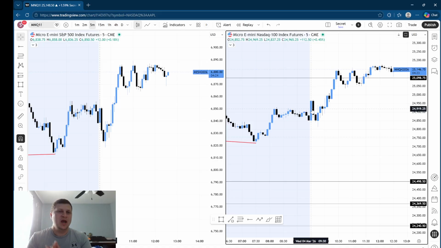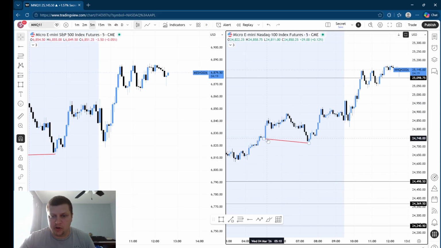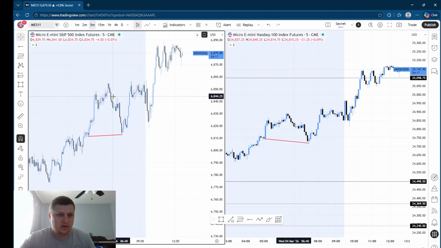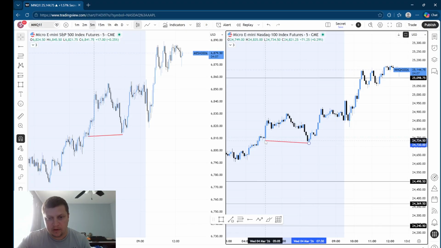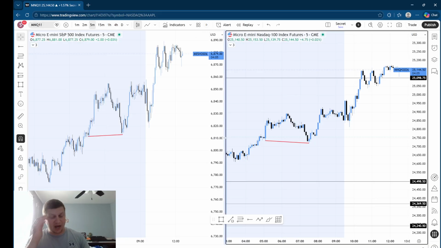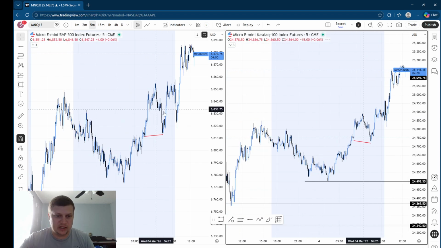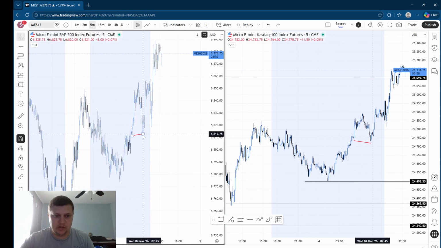So I'm looking for, have we already manipulated? And sure enough, right here, on this move down, ES failed to put in a new low, but the NASDAQ put in a new low. So we have a very slight, but still there, 5 minute bullish SMT, right?